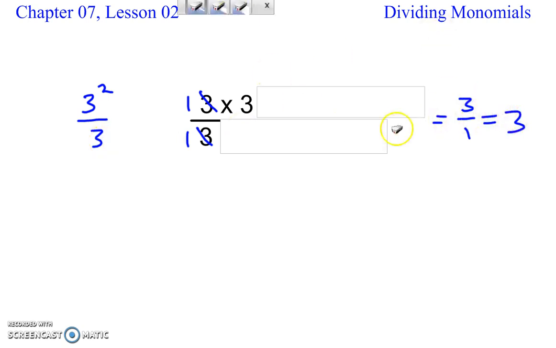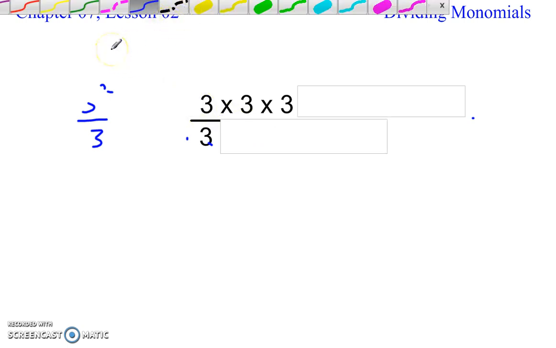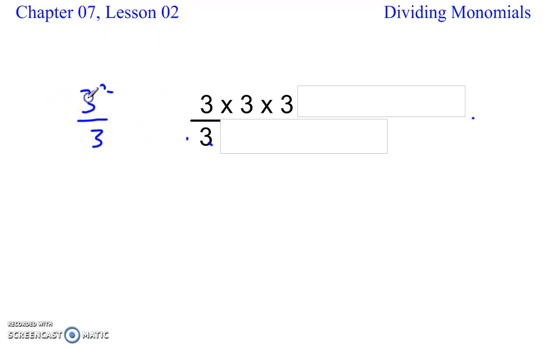Let's keep this fun going. If I expand this a little further, what about 3 times 3 times 3? This isn't 3 squared. This is 3 to the third power. 3 to the third power divided by 3.